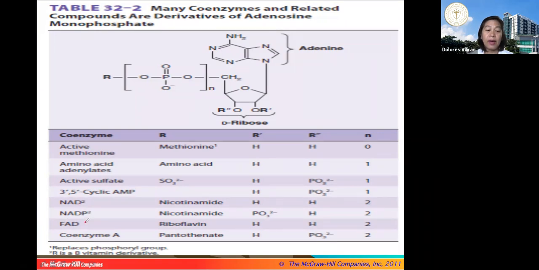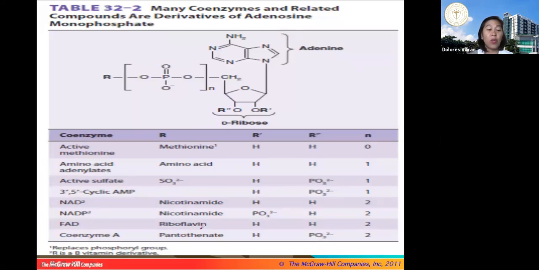FAD, flavin adenine dinucleotide, and coenzyme A, okay? So these are your derivatives of nucleotides. These coenzymes are actually derived from vitamins, okay? Nicotinamide, that is your vitamin B3. Riboflavin is vitamin B2, and pantothenic acid is vitamin B5.